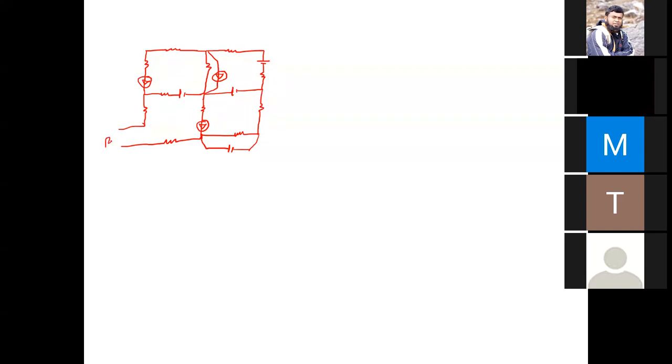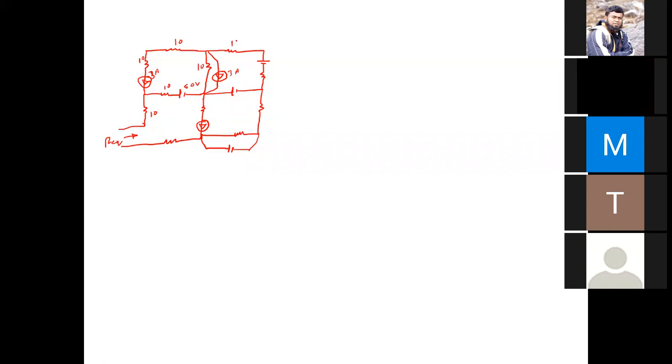First, these are equivalent. This is maybe 10. This 10. This 10. This 3 ampere. And this also 10. This 10. This 50 volt. This 3 ampere.